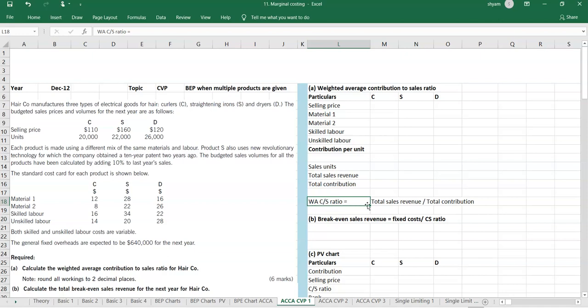What we did is we divided the sales per unit by the contribution per unit. On the other hand, in an alternative way, we could find out by sales by contribution. But here we want totals. We want for all the units what their sales are and what their contribution is. Okay, so let's find out.